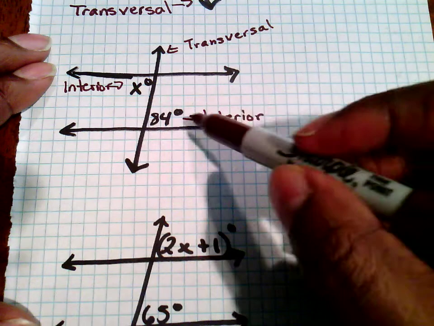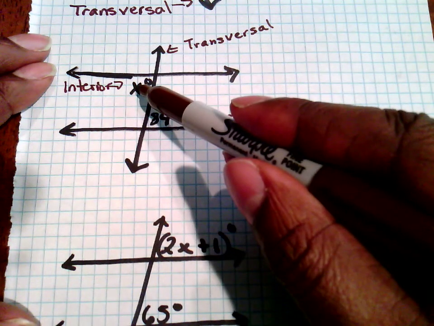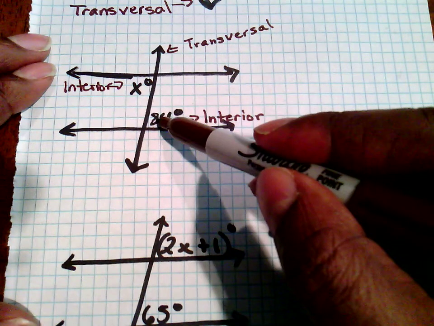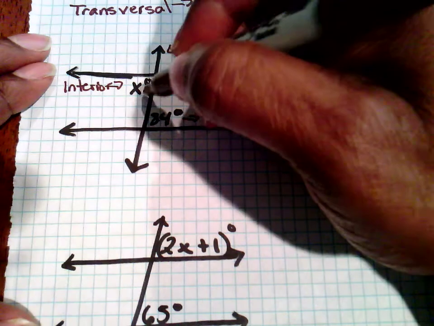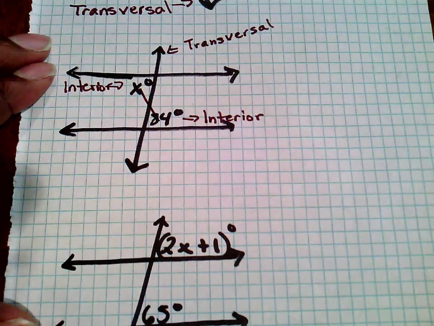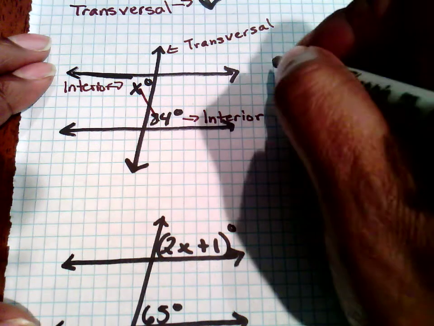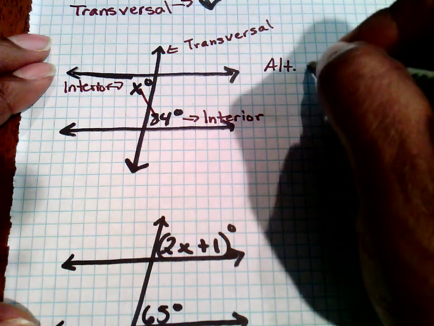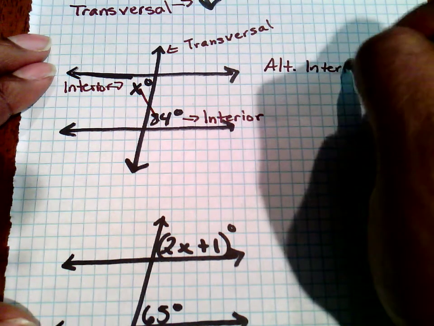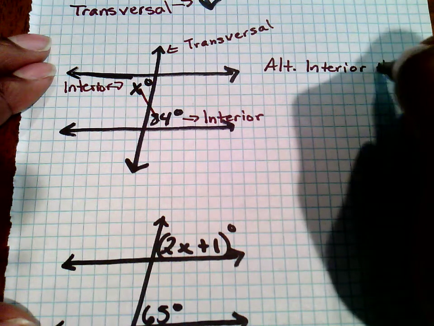All right, and these two are across from each other on the inside, which means that these two angles are alternate interior angles.